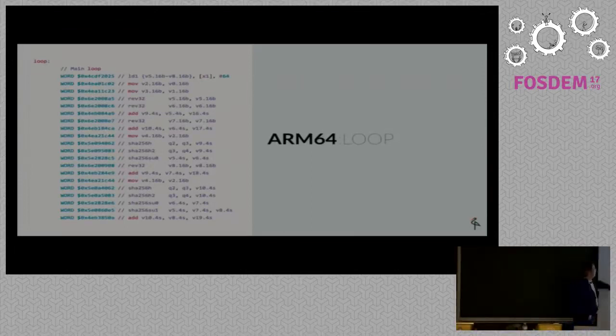And again here, R1, which is X1, is the pointer to the message. So here the values from the message are being read. And there's some positioning code to make sure things are in the right order. And then these guys are the specialized ARM instructions that give basically the 100 times speed up. And then there's some more shuffling of data around, but because these are specialized instructions, the actual assembly is pretty short.